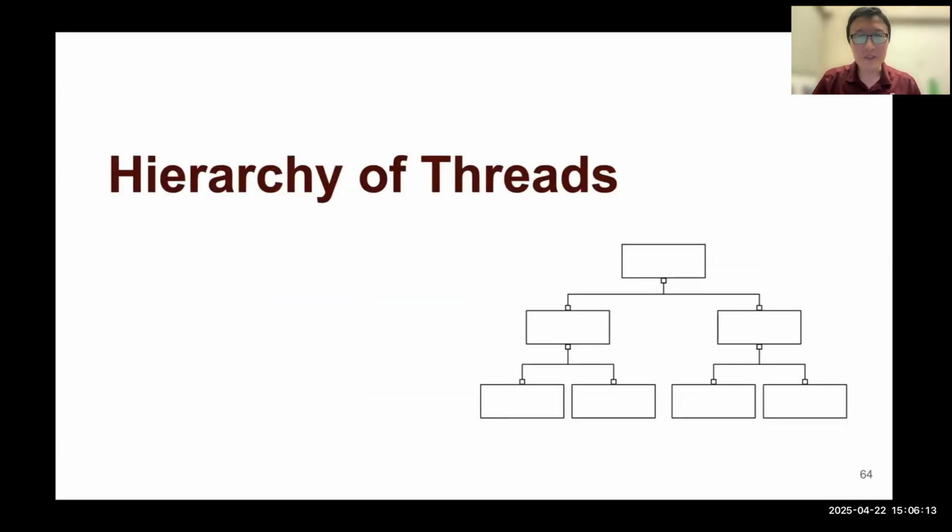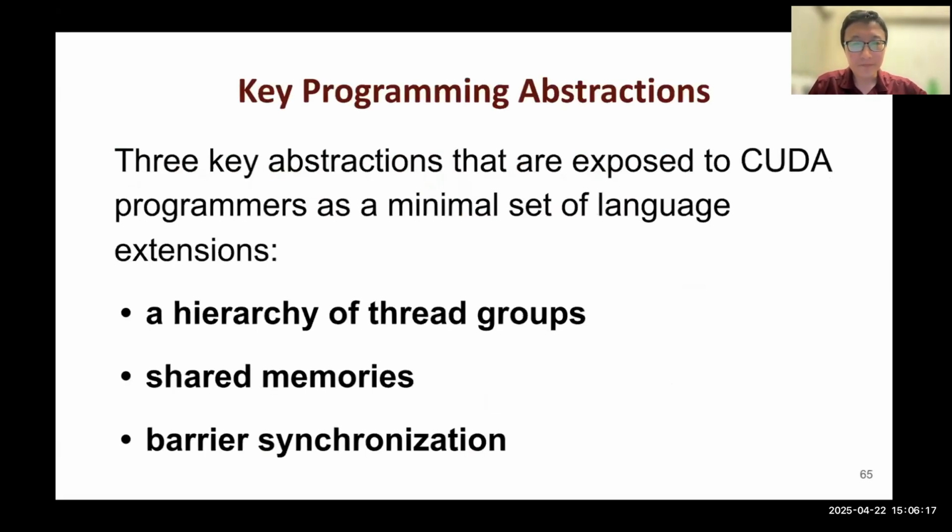So what's the hierarchy of the threads that we are talking about here? In the CUDA programming abstractions, there are 3 key extensions compared to C and C++. The first one is the so-called hierarchy of thread groups. We'll get into the details about that. It's more or less how you organize your threads into blocks and how you organize your blocks into grids.